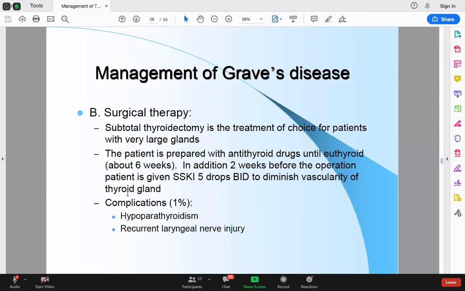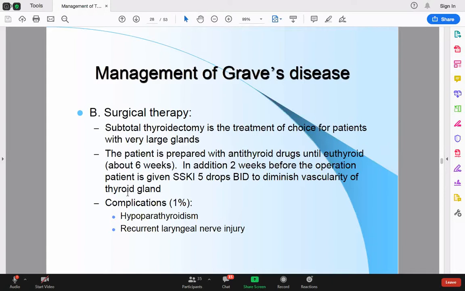It's not a good timing to operate on someone who already has an excess of thyroid hormone. So we usually control it with the medication, and then we do the surgery. What are the complications? Of course, one of the biggest complications is to develop hypothyroidism, and this is almost expected by doing the surgery.